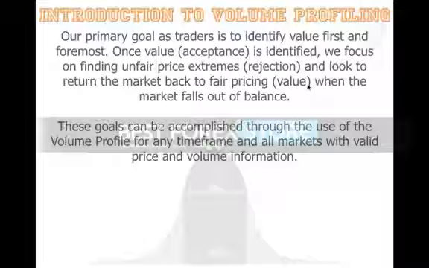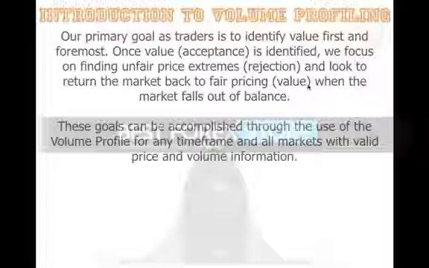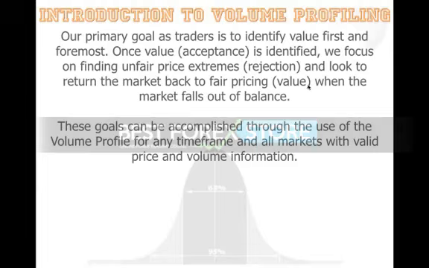Because if you do not know where value is, then you do not know when price is overvalued or undervalued. You do not know if price is at a discount or at a premium or fair priced. You do not know where acceptance is or rejection is if you do not know where value is. So the primary goal of every trader is always to identify where value is first and foremost.